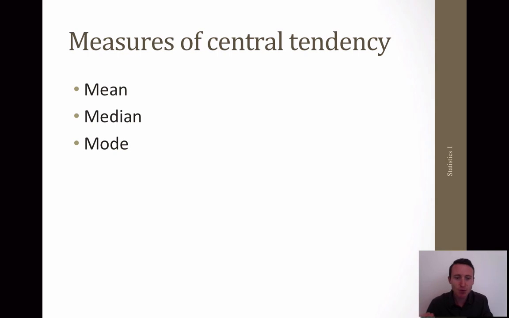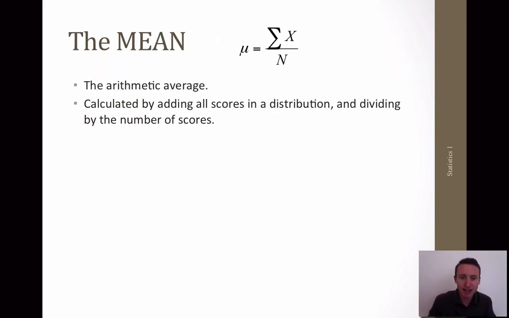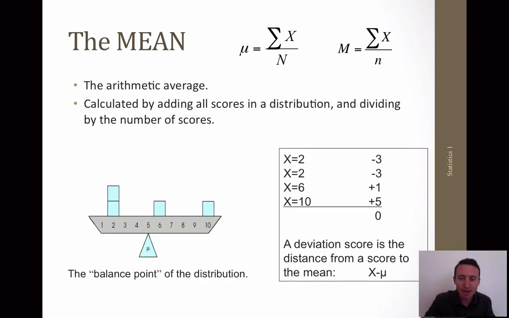The mean is more informative, and that's going to become apparent later this semester. One of the reasons is the mean involves a calculation of every single score in your distribution, whereas the median and the mode do not. So the mean has more information than the other two measurements.